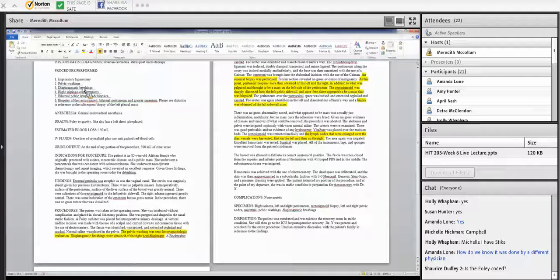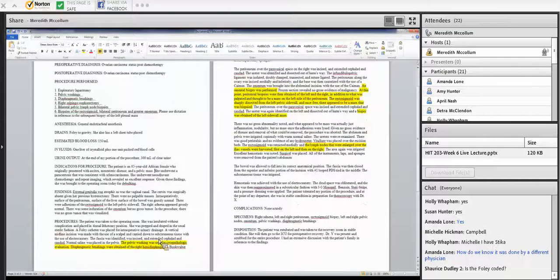So they open her up, and the first thing that they do is the pelvic washings were sent for cytopathological evaluation. And then the diaphragmatic brushings were obtained of the right hemidiaphragm. So that's our first indication of what's being done.